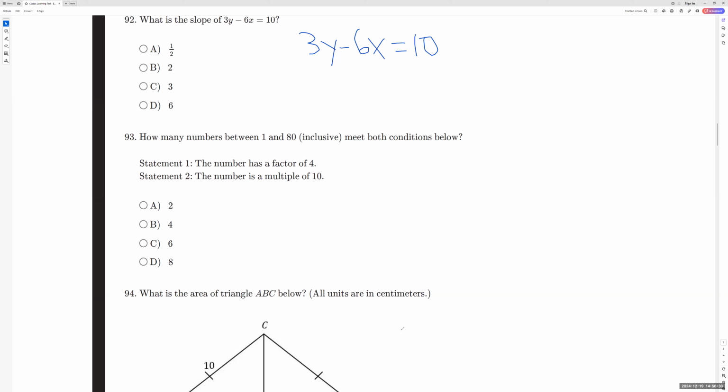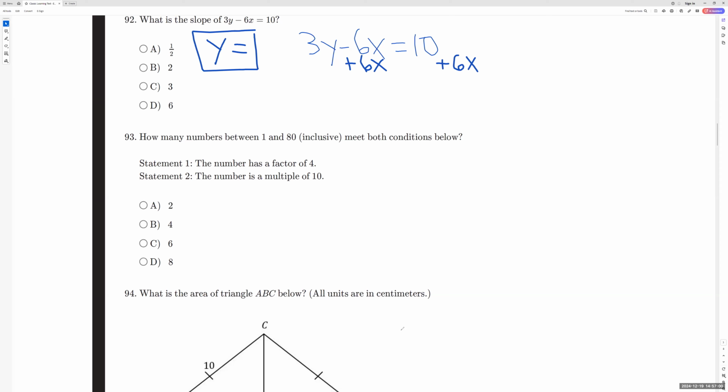So we need to do what we have been doing as of late, which is to leave the y alone. The name of the game is to go to y equals, and so we need to get rid of the x's. If it's a negative 6x, I'm going to add 6x, and I'm going to add 6x on the other side of the equal sign.